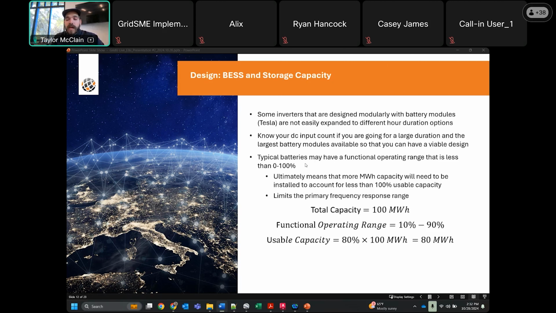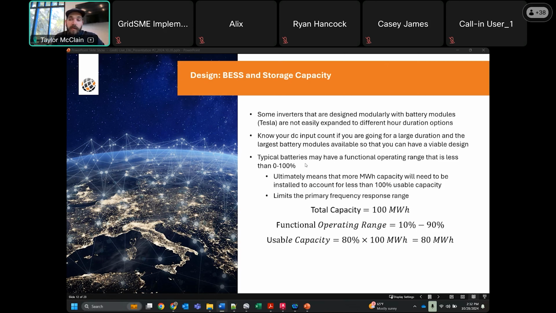So at that point, we're just assuming some amount of megawatt hour installed capacity. But note that some inverters are designed modularly with the battery modules, like the Tesla inverters, and they have set megawatt hour capacities that you can choose for their different inverter options.